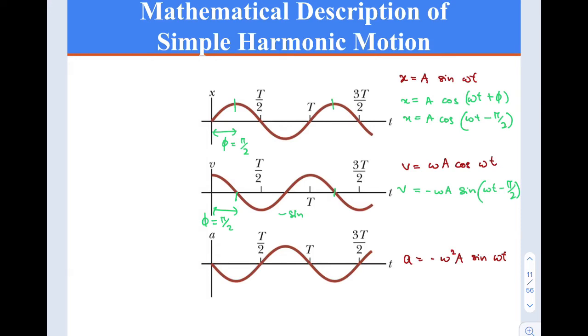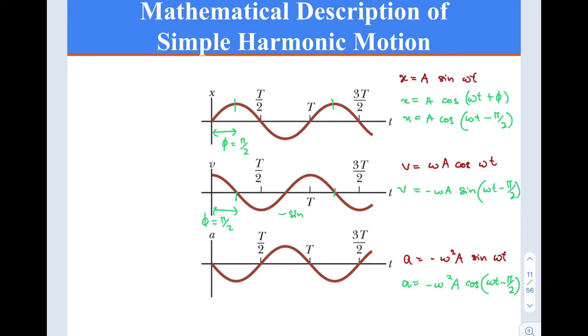And then for A, equivalent to negative omega squared A cos(omega t minus pi over 2).